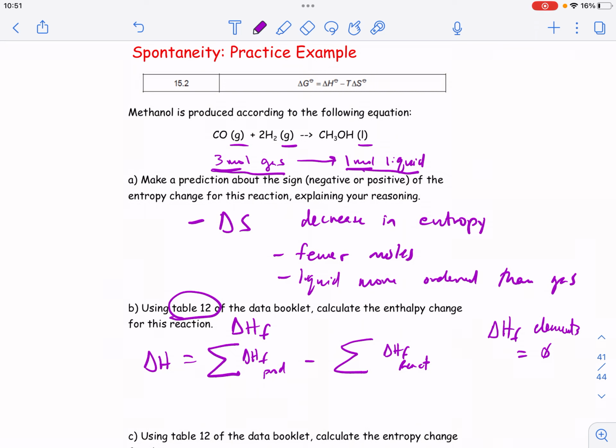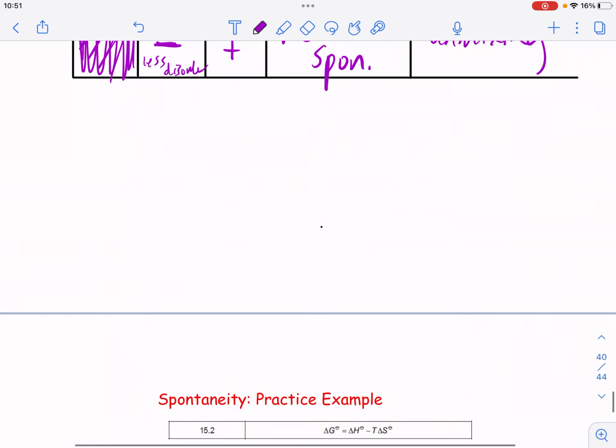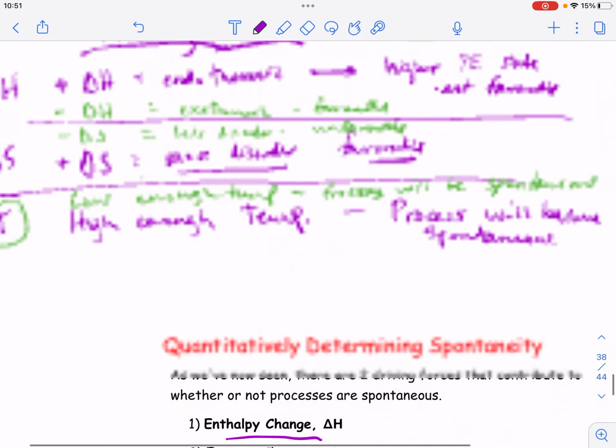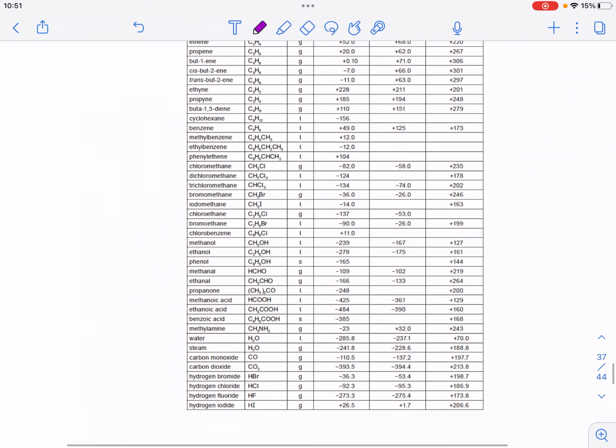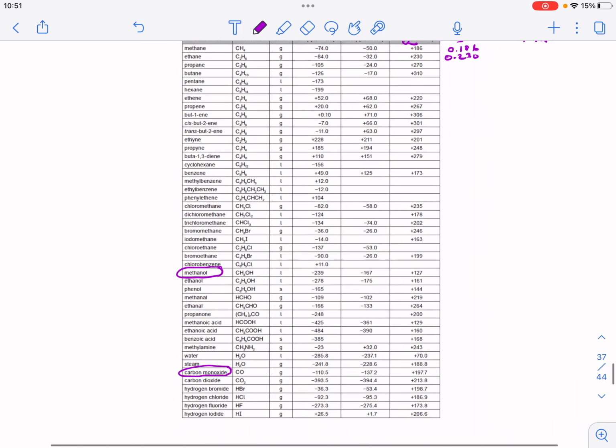So on the left here, I've got carbon monoxide, and on the right here, I've got methanol. So if we go back to table 12, which is here, then we should be able to find carbon monoxide, and we should be able to find methanol. And we're going to have to use a couple of values in this question.